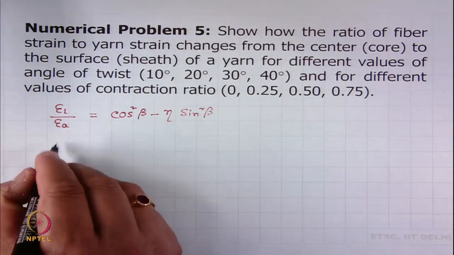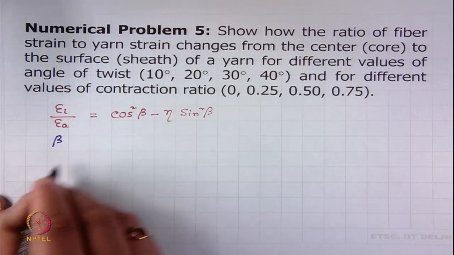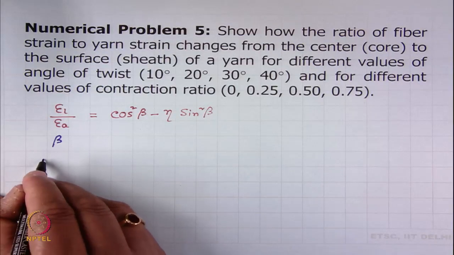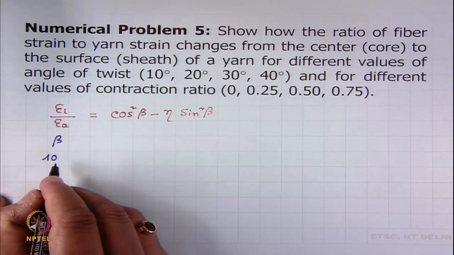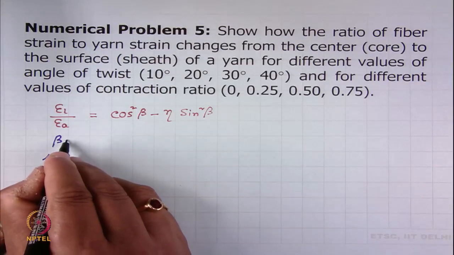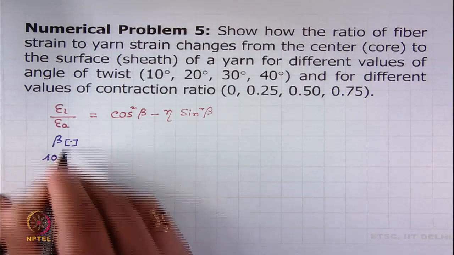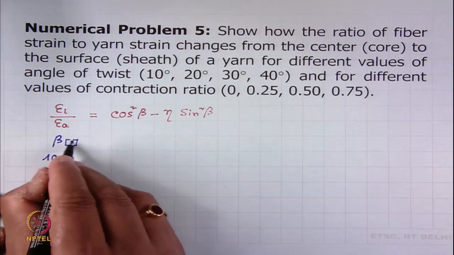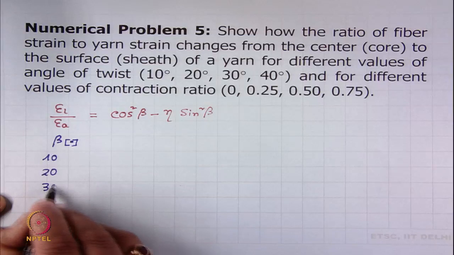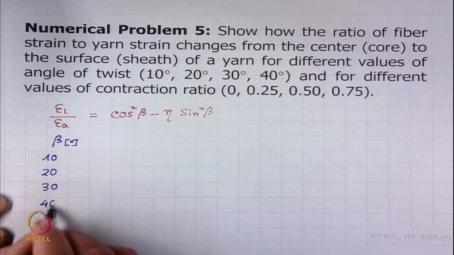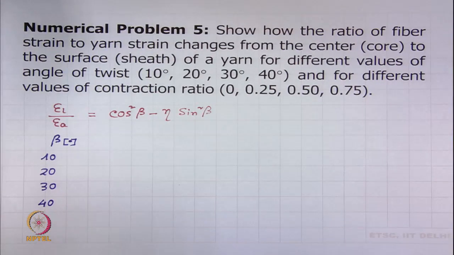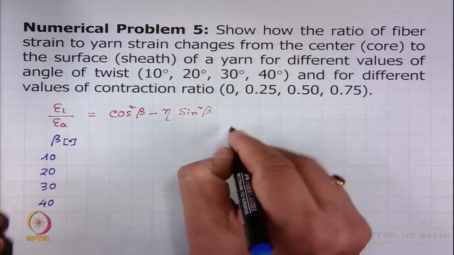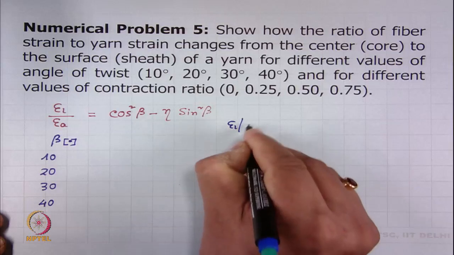Beta is equal to 10 degree, 20 degree, 30 degree and 40 degree. Okay. We will talk about this ratio here.